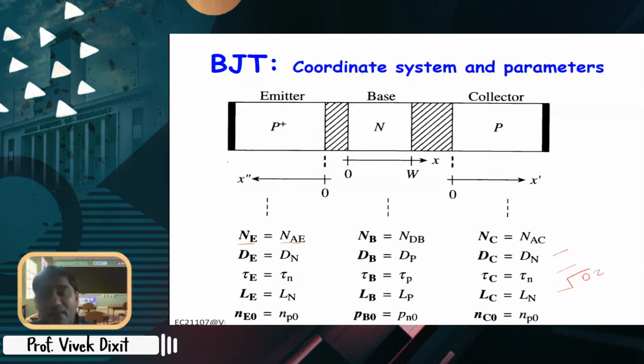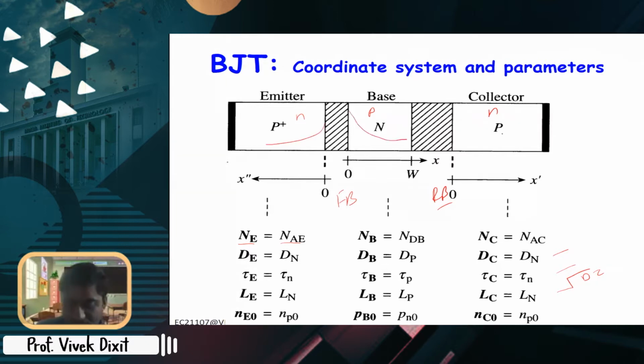Now, if we apply active bias, how will the carrier profile look like? N here, P here, N here. The emitter junction is forward biased and the collector junction is reverse biased, and this is how n and p will look.